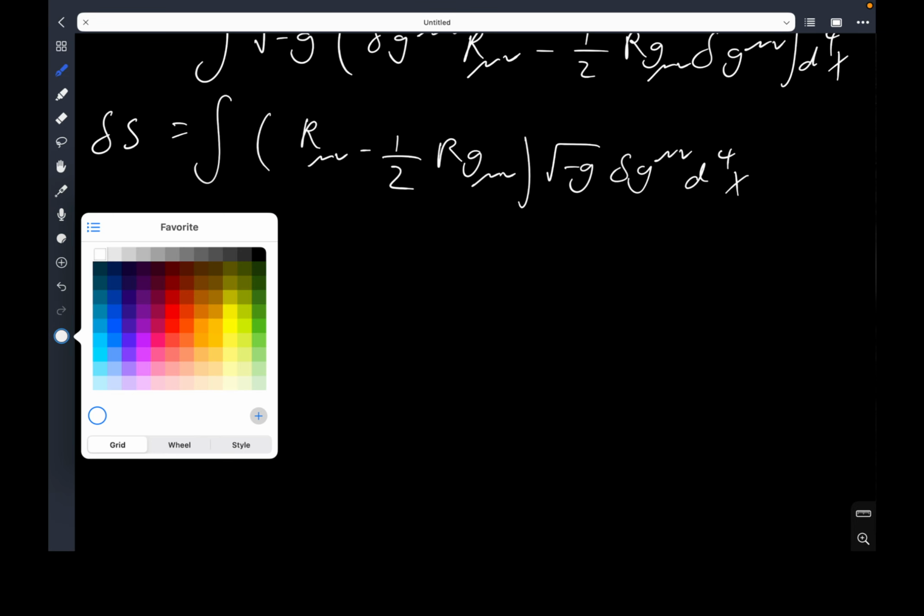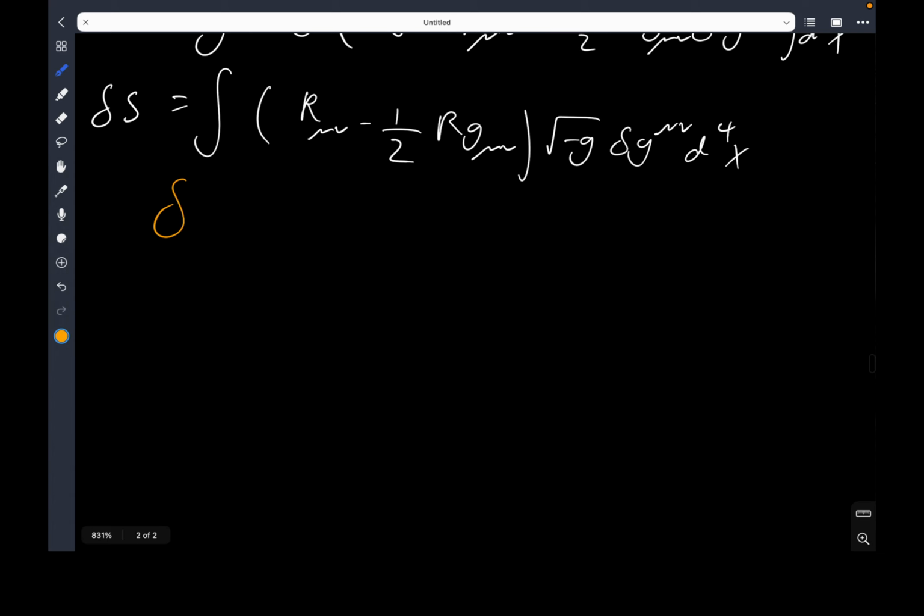Now we stated that delta S is 0, because of the stationary action principle, that the variation of the action to the first order is going to be 0.